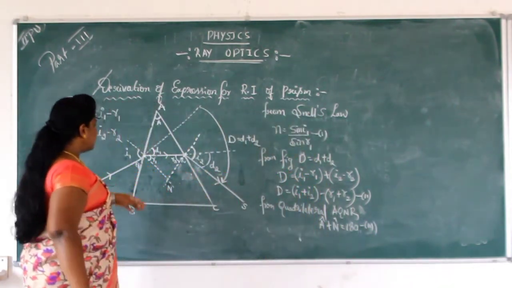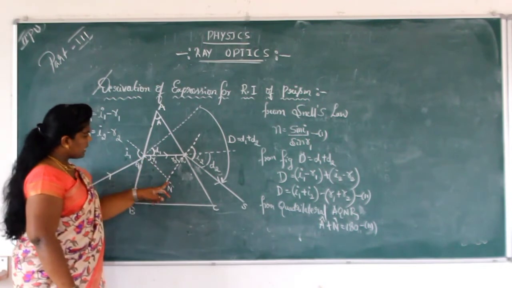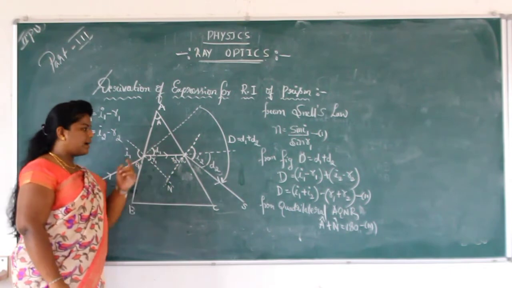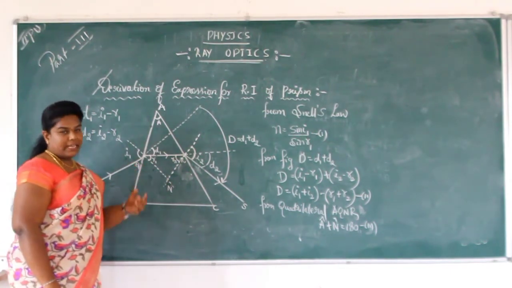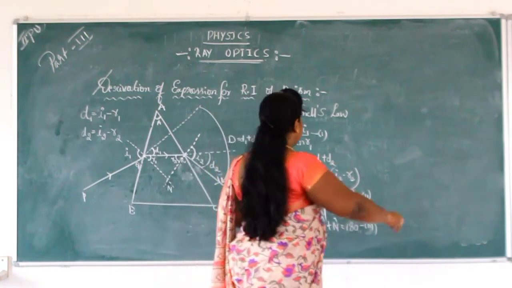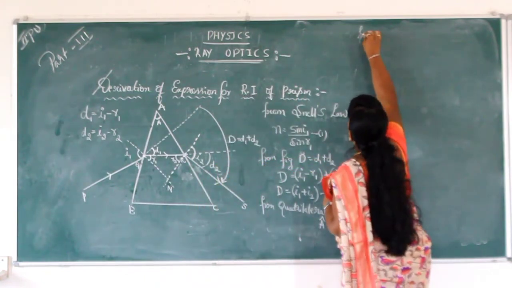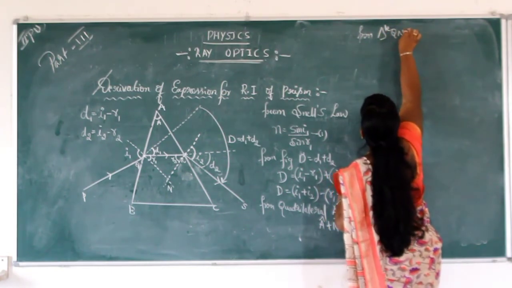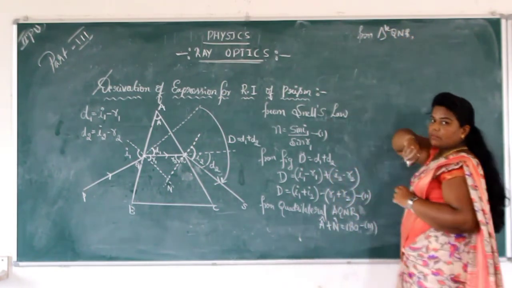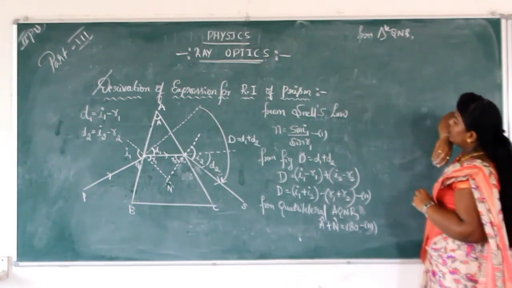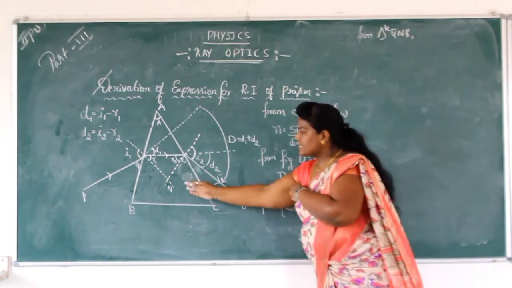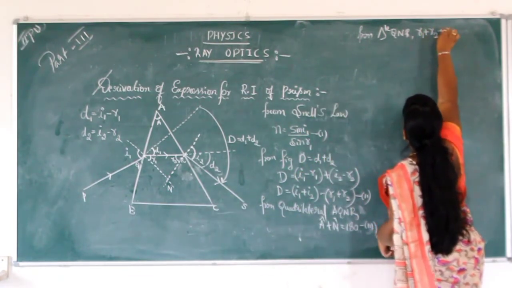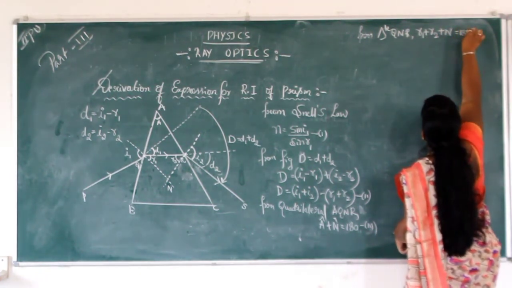Similarly, we have another triangle here, that is Q, N, R. From triangle QNR, you know from mathematics that the sum of all the angles is equal to 180 degrees, that is R1 plus R2 plus N is equal to 180 degrees.